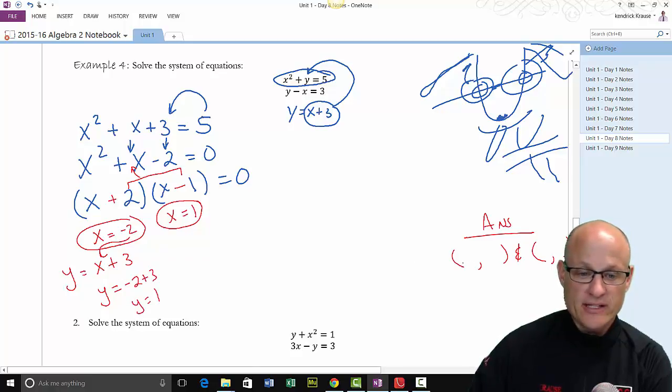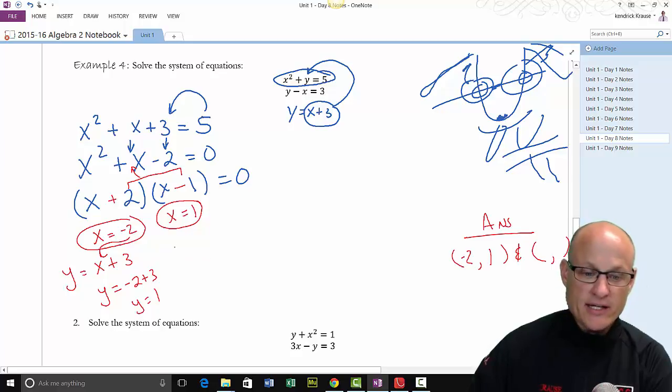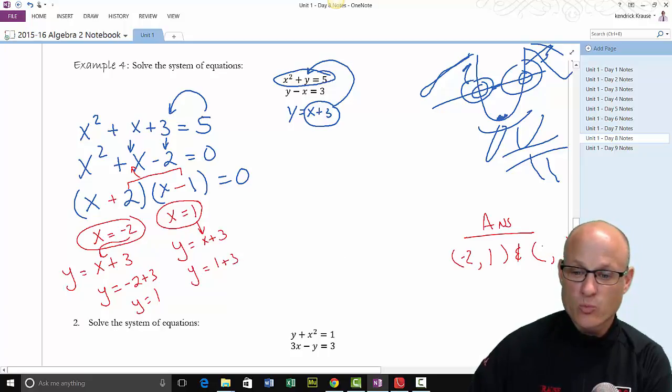So my first answer is negative 2 and 1. My second answer, y equals x plus 3, plugging in 1, I get y equals 1 plus 3. So my second answer is 1 comma 4.